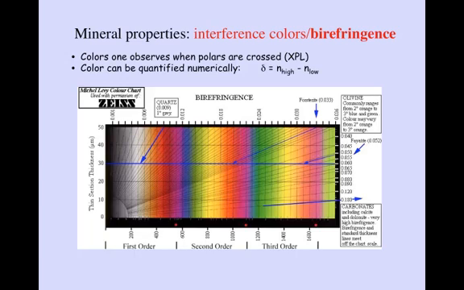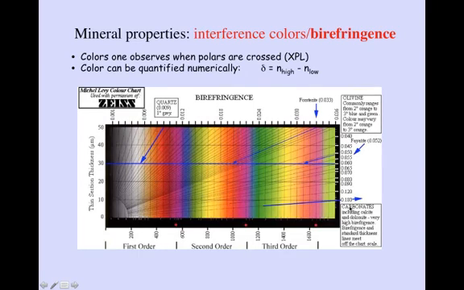The birefringence, this interference color, can be quantified numerically using that lowercase delta: the high value of the index of refraction minus the low value of the index of refraction for a given mineral. The value of lowercase delta for birefringence appears on the top part of the chart as well as on the right-hand side.